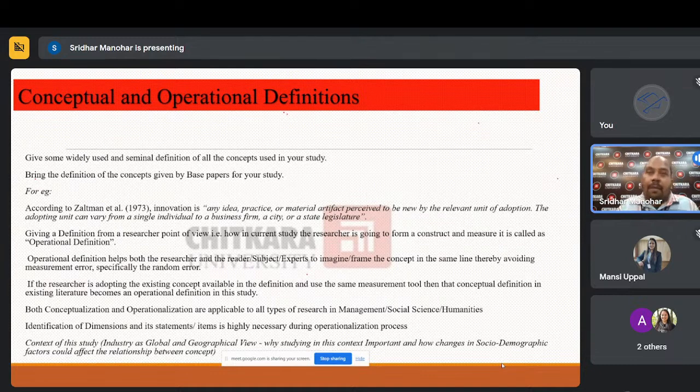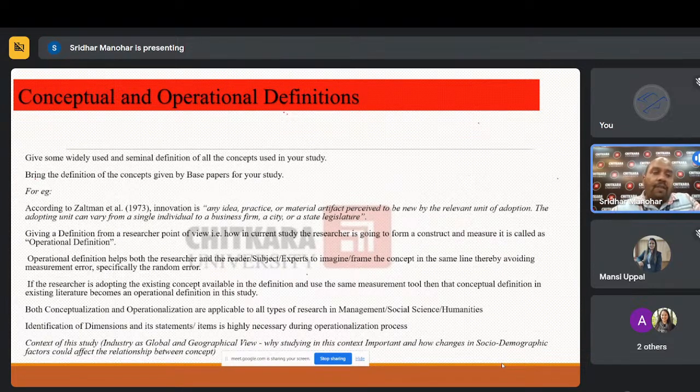If you're coming from a marketing domain, satisfaction could be customer happiness, customer engagement. So contextually it differs. You have to clearly construct what satisfaction is according to you, and define to the audience that in your study this concept means this. That is the operational definition. So you have to clearly give the operational definition.